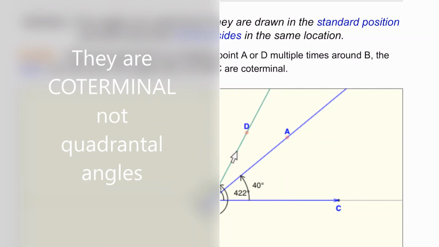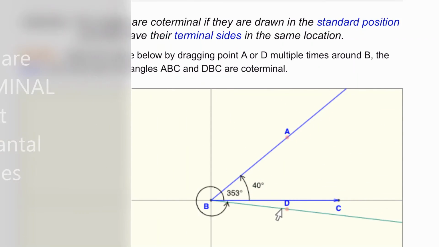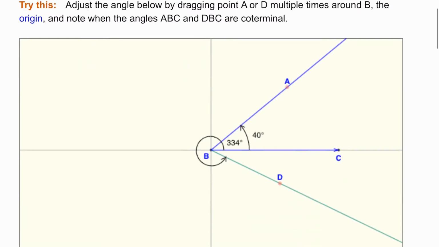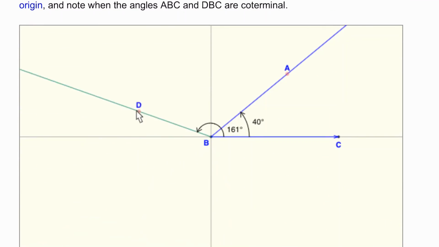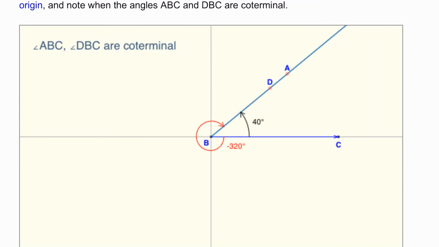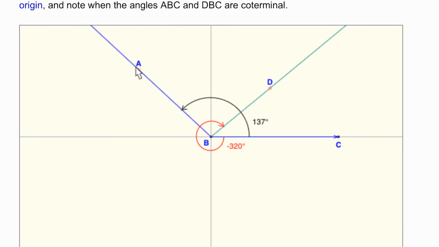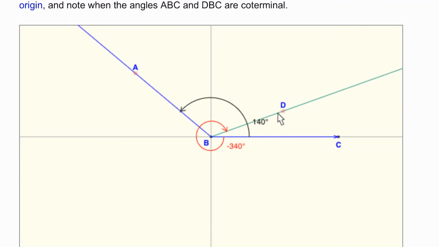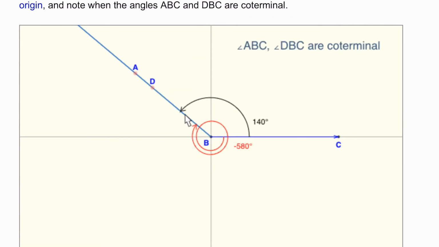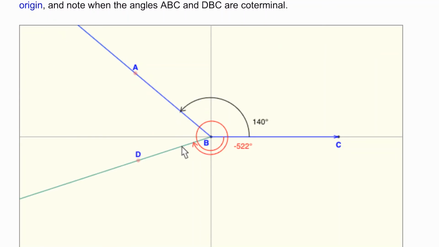Also, if I went in the negative direction, excuse me, let me try to give some more room. If I went in the negative direction, then the 320 degree angle and the 40 degree angle are also coterminal because they start and end in the same place. So they get there differently. So 580, negative 580 and 140.